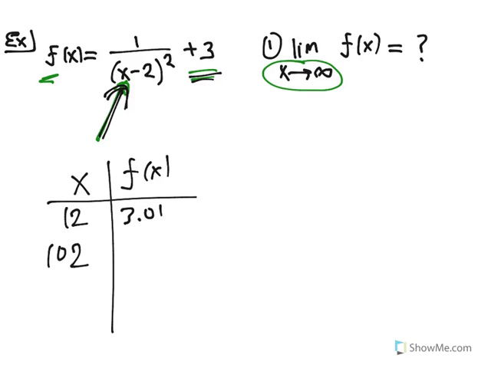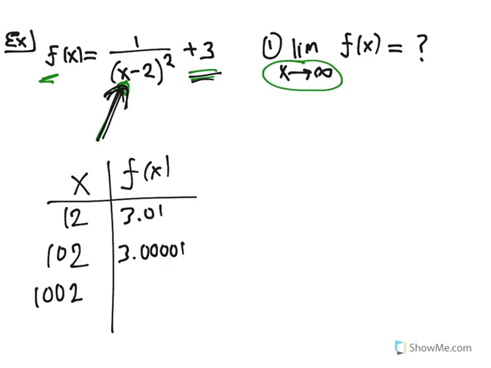100. 100 squared is 10,000. 1 divided by 10,000 is 0.00001, plus 3 is 3.00001. And then you have x would be, you can try 1,002. Minus 2 is 1,000. 1,000 squared is, I believe, a millionth.